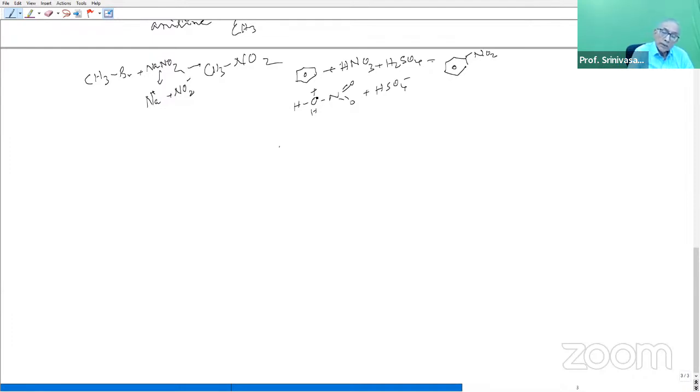And this breaks readily to give a molecule of water, and this becomes NO2 plus. And this reacts with benzene.